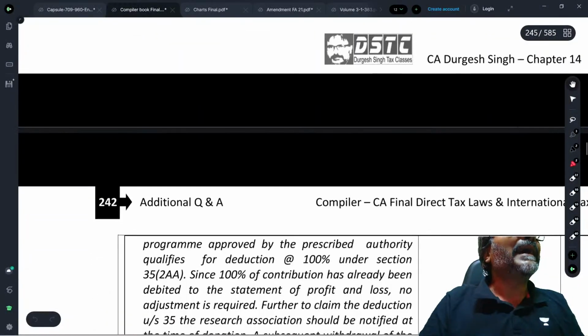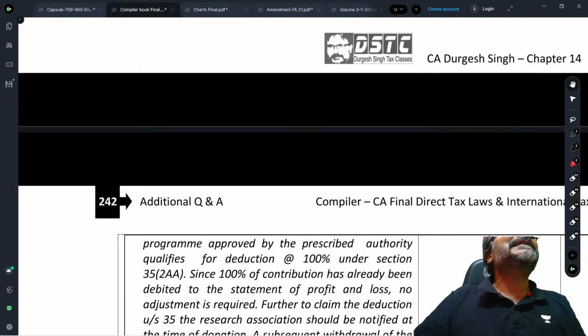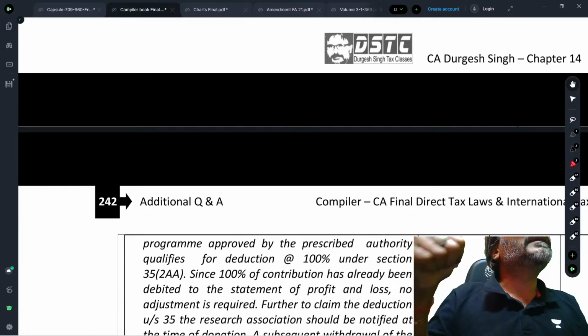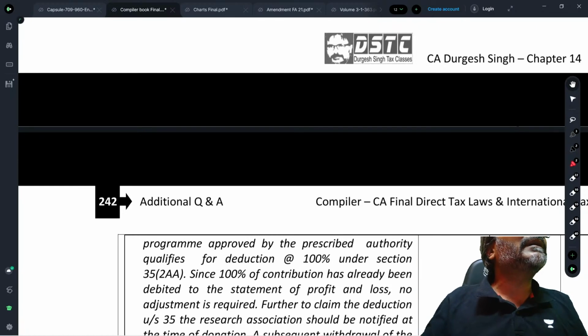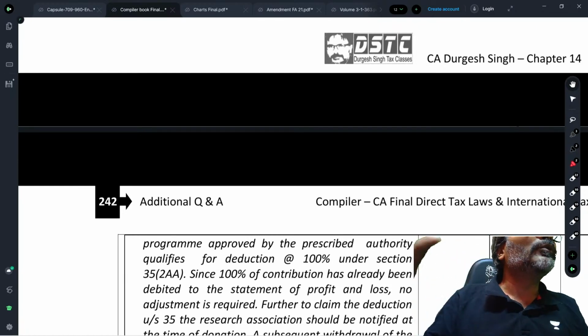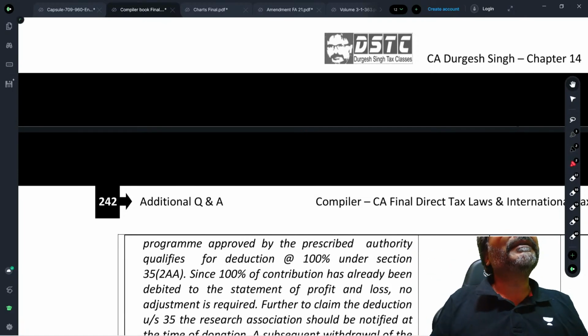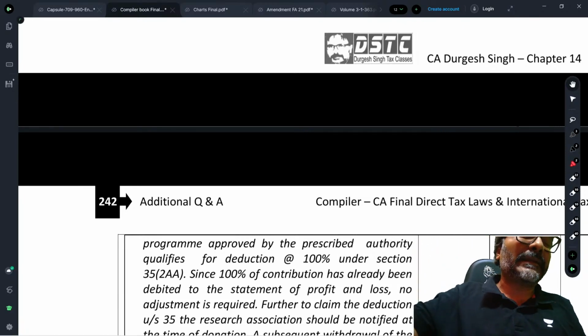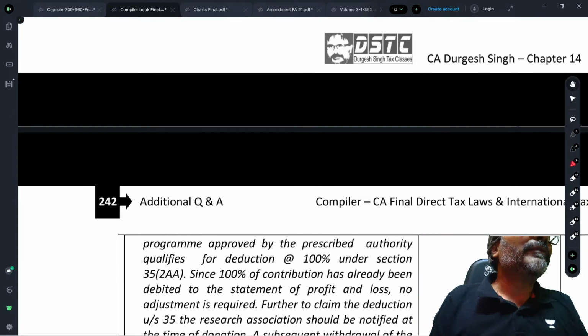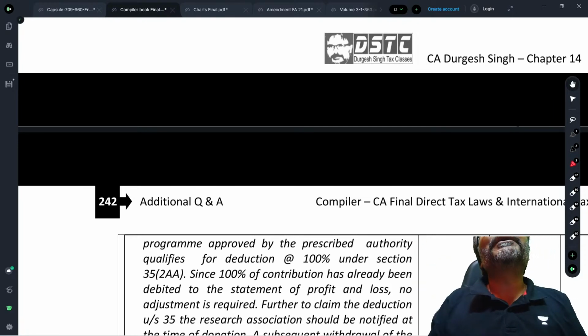So section 6(1A) has introduced a specific provision which says that if, in the case of an Indian citizen, point number 1, the total income excluding the income from foreign source exceeds rupees 15 lakhs, point number 2, this Indian citizen is not liable to tax in any other country by way of his domicile or other particular criteria, then in that case this Indian citizen will be deemed to be a resident in India.